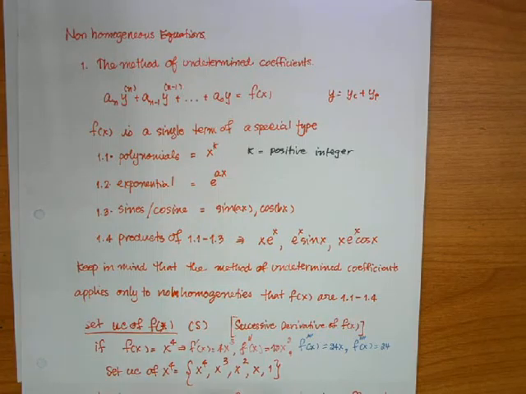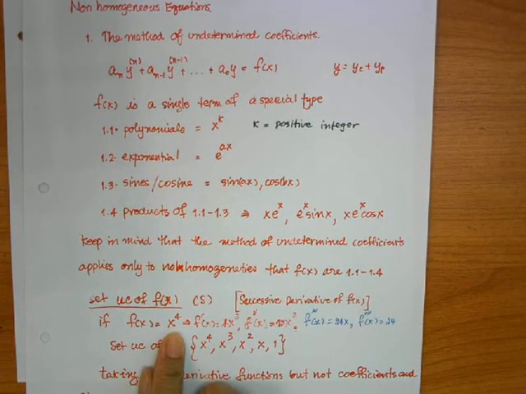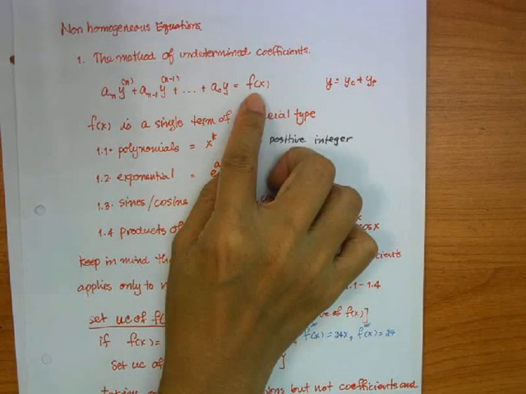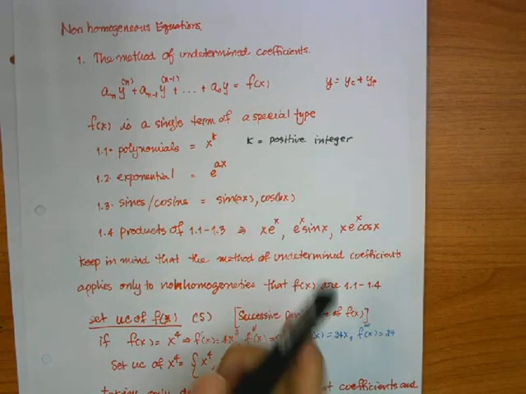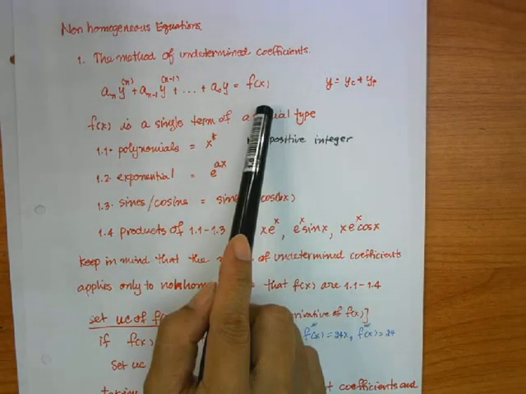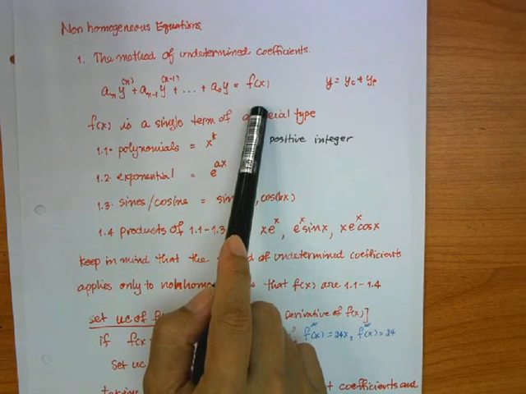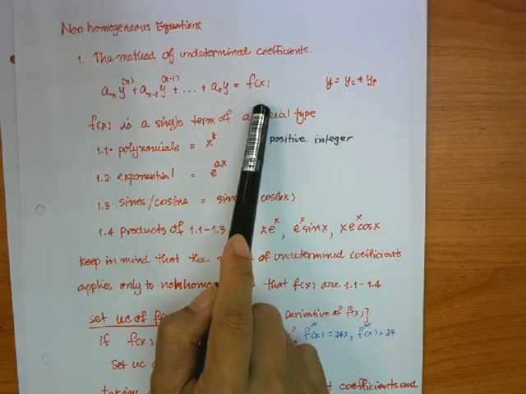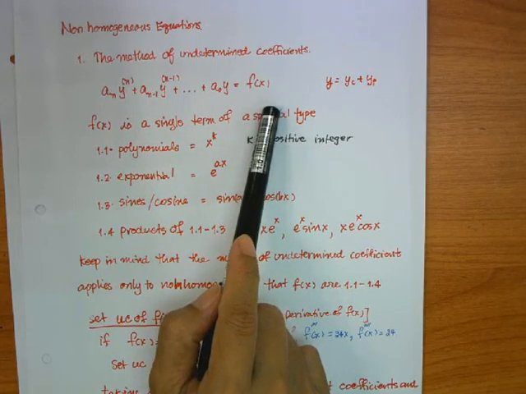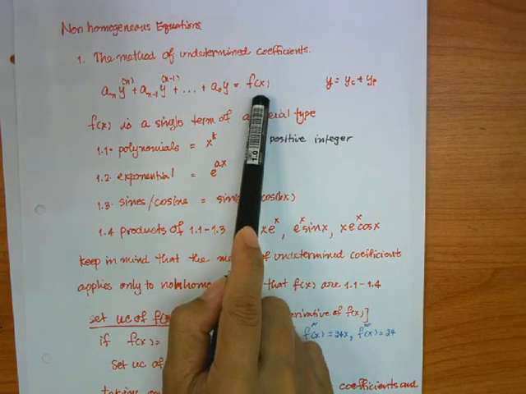For example, say I have x to the power 4 as the f(x) of your differential equation. Can we use the method of undetermined coefficients to find yp if f(x) is x to the power 4?